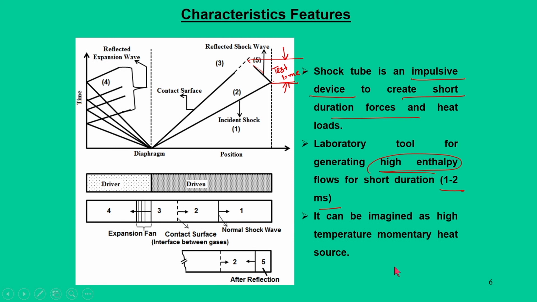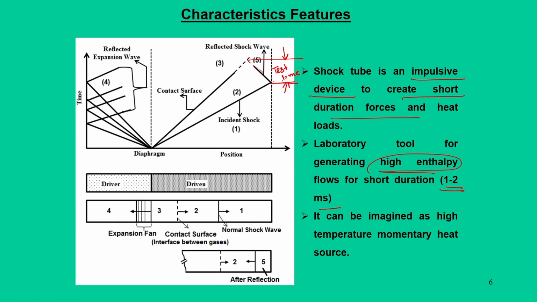Another important aspect is that the gas which is exposed to the primary shock as well as the reflected shock, this slug of mass, has been exposed to very high pressure and temperature, and that slug of mass is available to us but only for a very short time.